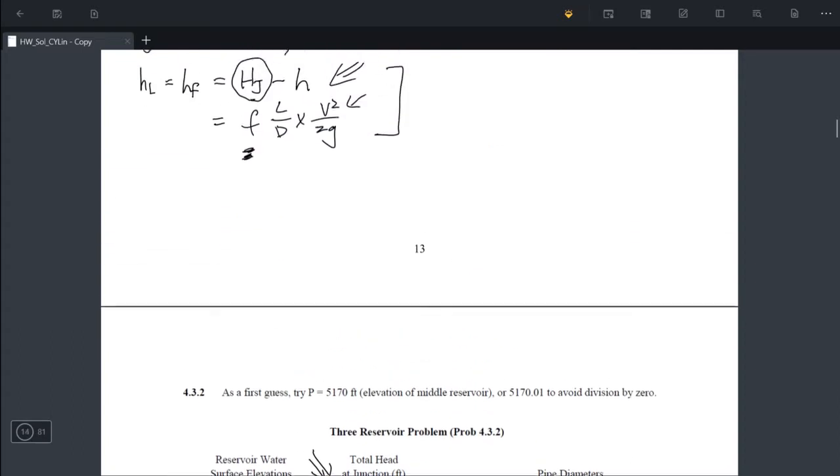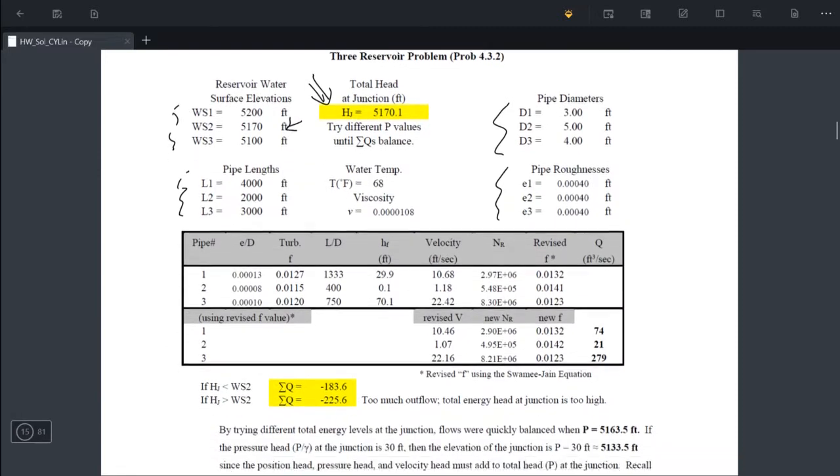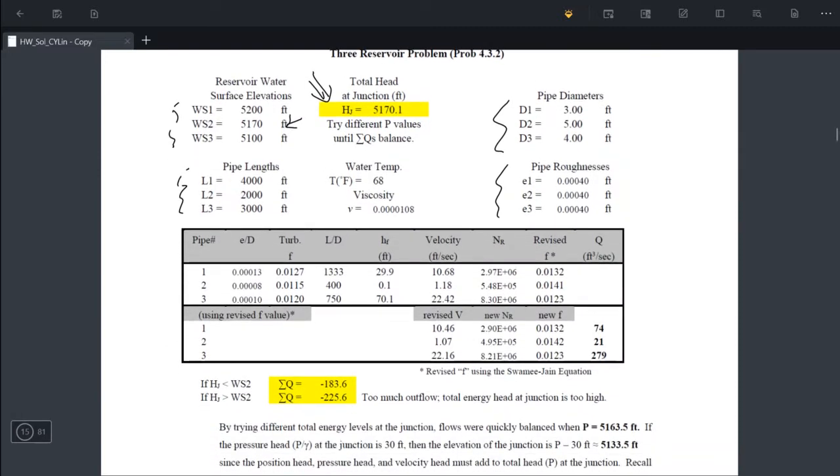Okay, so after we have this Hj, then we know the friction head loss. After we know the friction head loss, we can use our iteration process to solve the velocity. Since we already have the Hj, we first calculate the e divided by the diameter term and use the Moody diagram to make a guess about this factor F for each pipe.